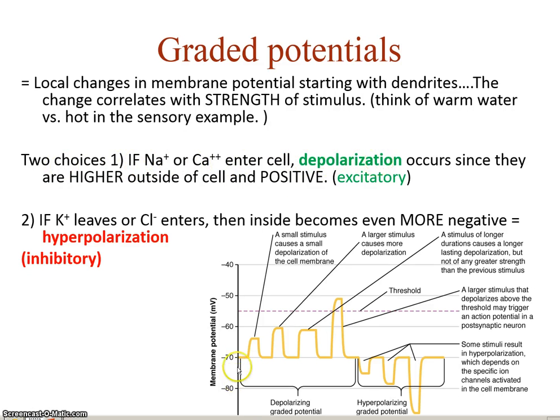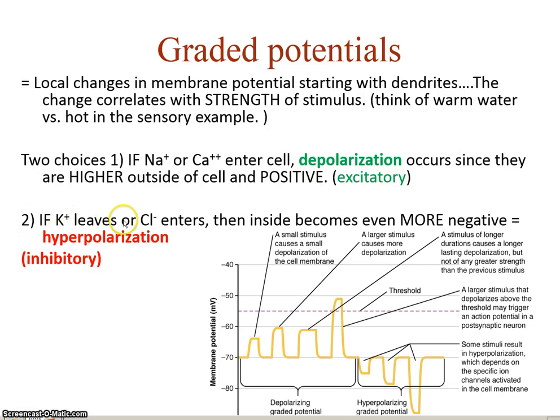It will become less negative. As you see here, we're going from resting membrane becoming less negative. Here, here, here, and here. But you notice in this scenario, only this rate change is enough to generate an action potential. Right? So if sodium or calcium enter, depolarization occurs, and they are higher outside and they're positive, and we consider this excitatory, right?